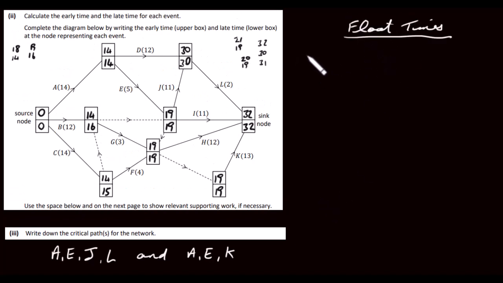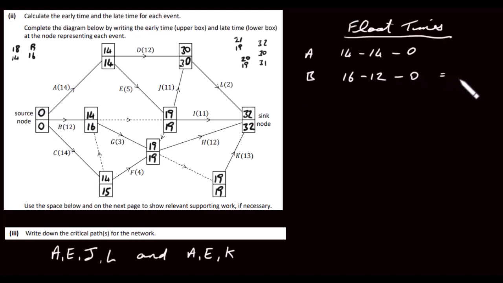So we start with A. A is just going to have a float time of 14 minus 14 minus 0. So let's look at B, which is what we're looking at the moment. So the way you work out the float time here, it's going to be this value here, this 16, so the late time for this node, minus the duration of B, which is 12, minus the early time here, which is 0.